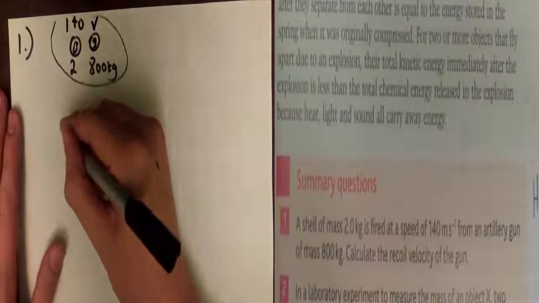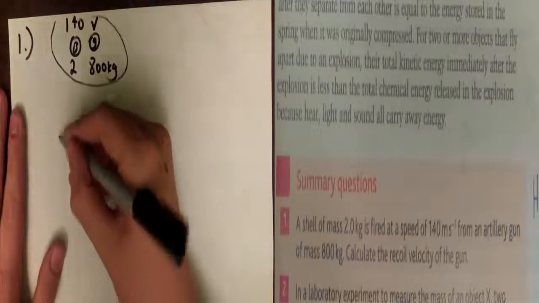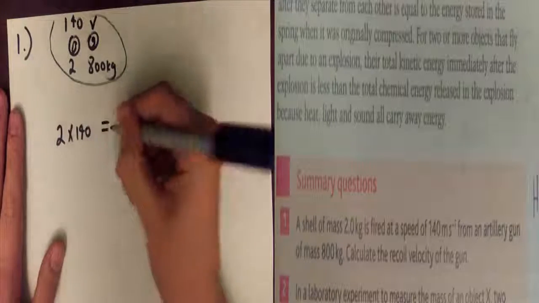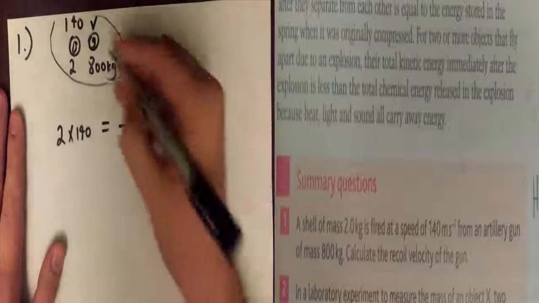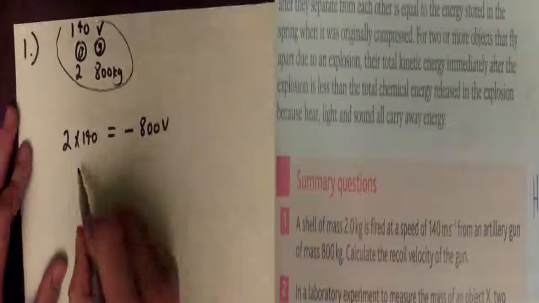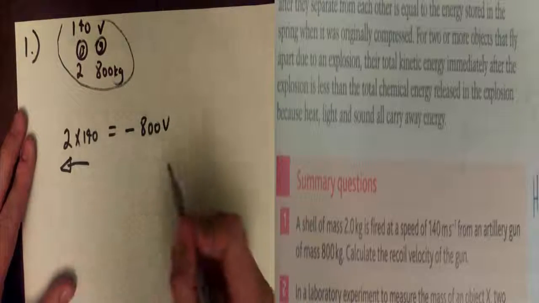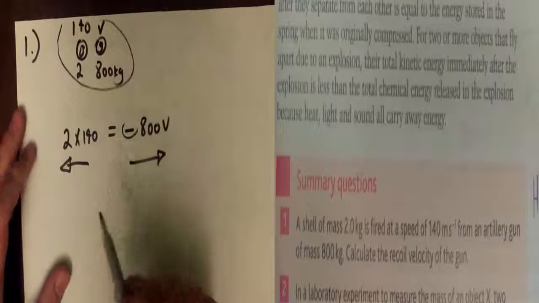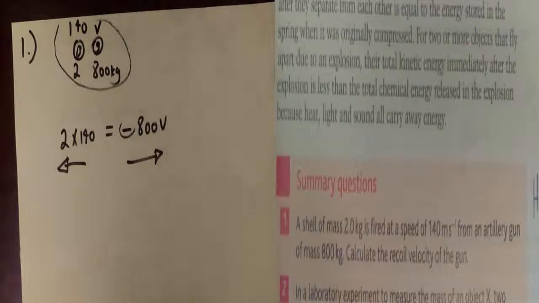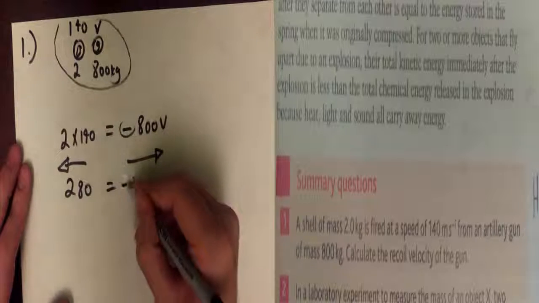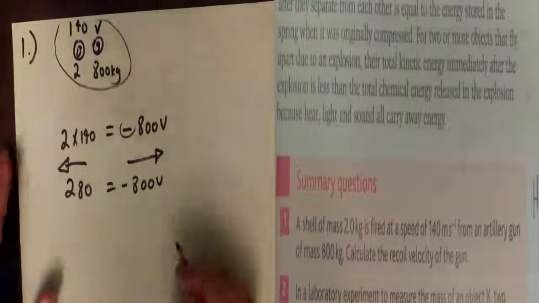So we know MV, 2 multiplied by 140 will equal minus 800V. So this is the bullet going that way, this is the gun going that way, and we know that because of the minus sign. Now, this is equal to 280, and that's going to equal minus 800V.